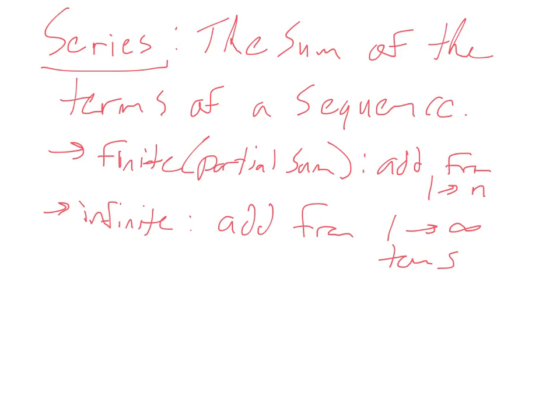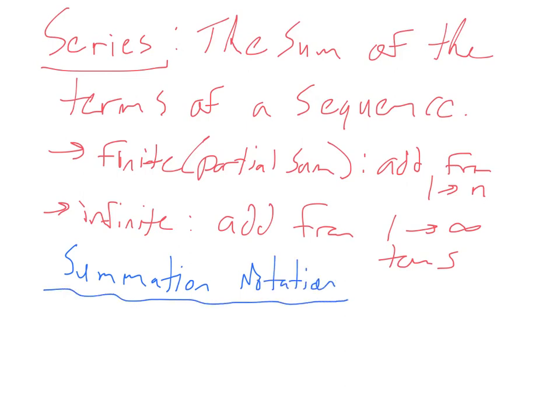And so we use summation notation in most cases to talk about series. So for instance, if I have some sequence which is a sub n, I'm not going to actually define it, but I'm just going to say it's called a sub n.